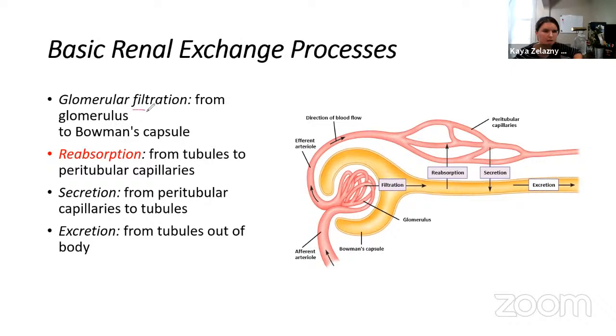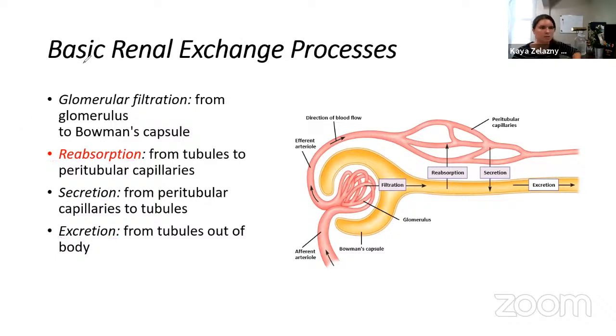We're going to be talking about filtration, reabsorption, secretion, and excretion. I think we actually kind of covered these terms way back day 1 of A&P 1, something like that. And we've seen them throughout a little bit, but they're worth really focusing on now as we talk about the nephron. Because we're going to see all of these. They're not all going to happen at once. They're not all going to happen in the same place.